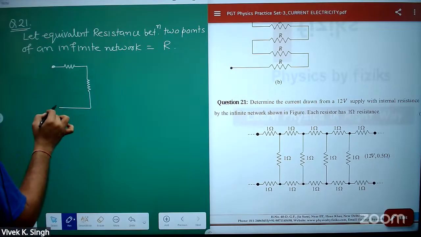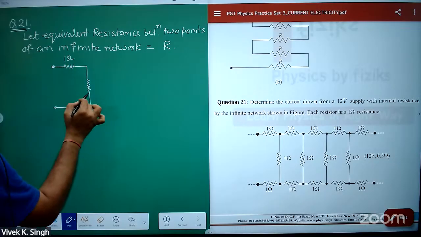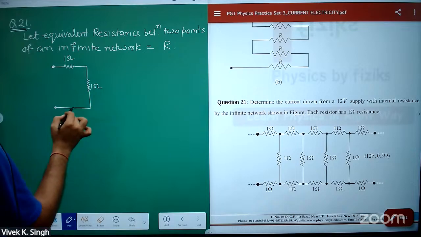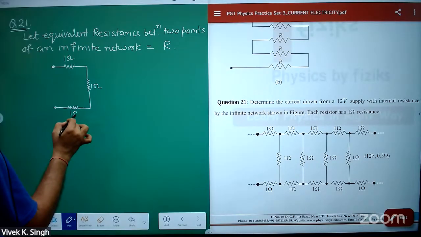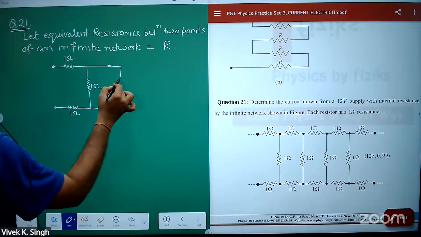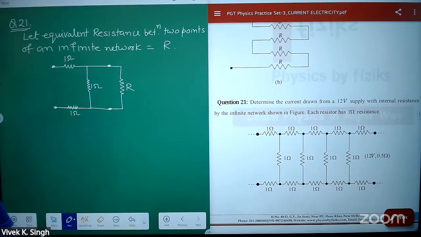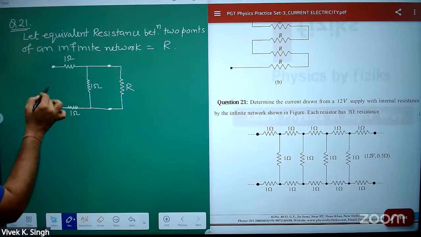Now I'm considering these 2 points. This is 1 ohm. This is 1 ohm. And this is also 1 ohm. Now I'm replacing this infinite network by its equivalent resistance R. And what is the equivalent between these 2 points?